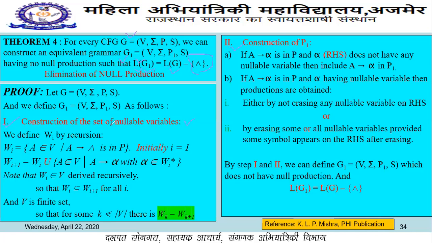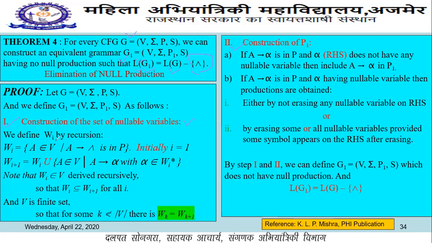The set of nullable variables means: suppose we have a given particular context-free grammar, and corresponding to that grammar we have to construct a simplified grammar. So we take the given context-free grammar and we construct a set of nullable variables over that grammar. That means a set of all nullable variables in that grammar we construct first.